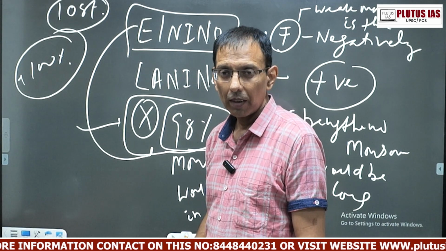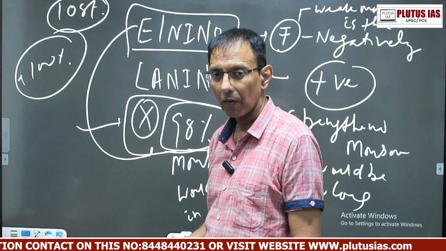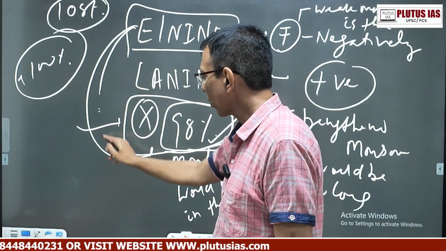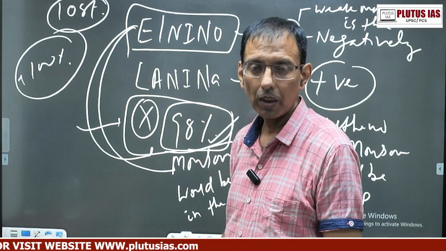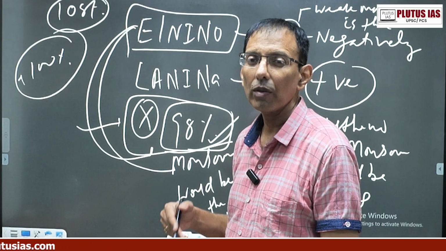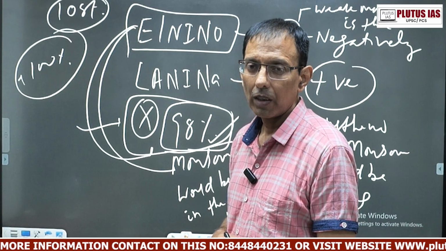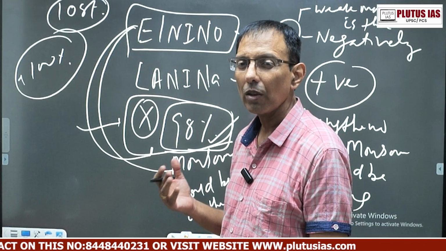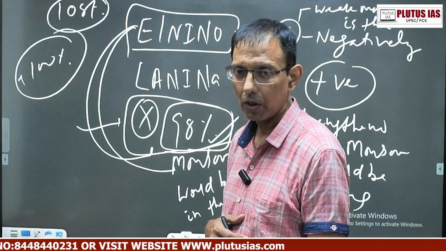But there are some years when even El Nino comes to India or the Indian Ocean, but the monsoon is not weakening. This is because of the impact of the Indian Ocean dipole, right?